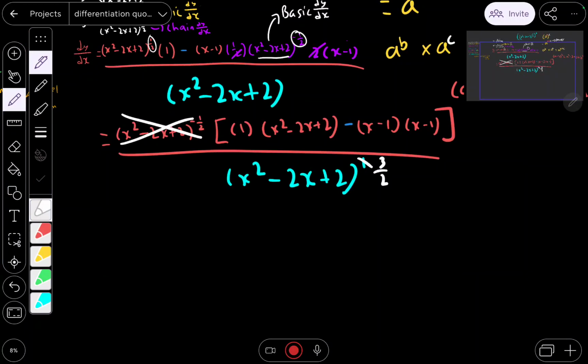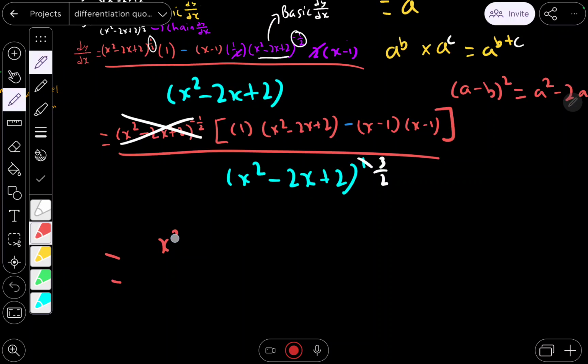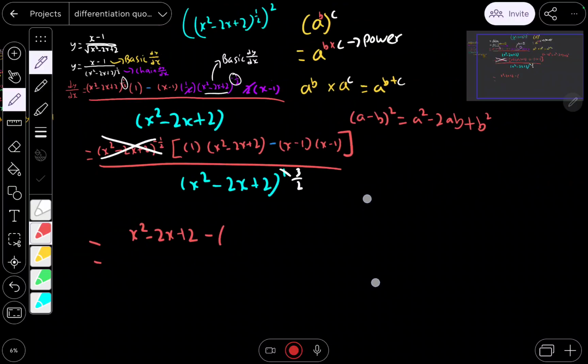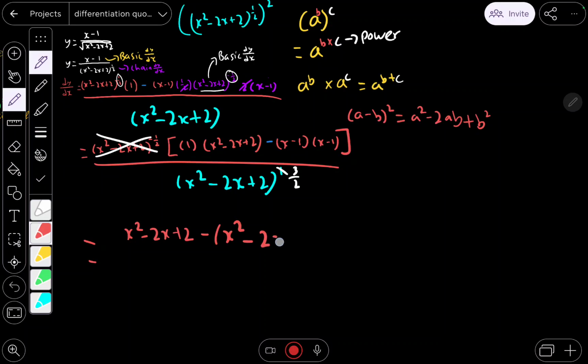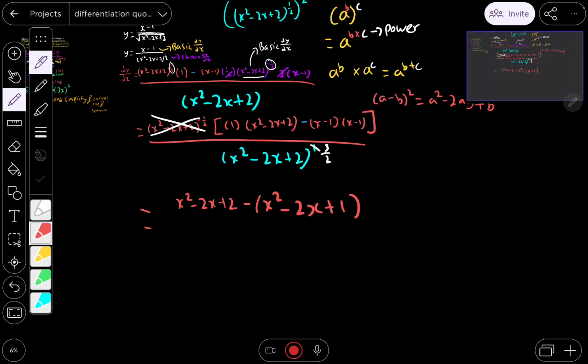So this will be equal to x squared minus 2x plus 2 minus the expansion. I'll be using the identity here, so it's faster. So it's x squared minus 2ab, so minus 2x, plus 1, over x squared.